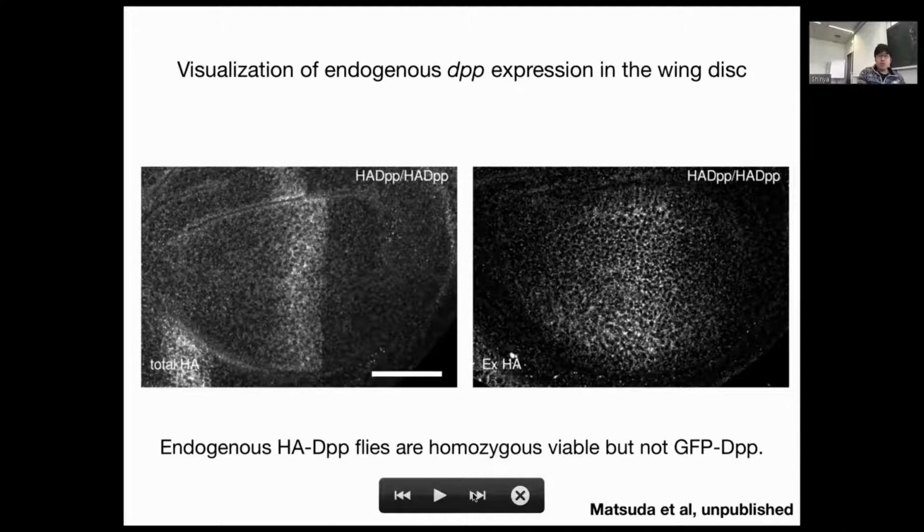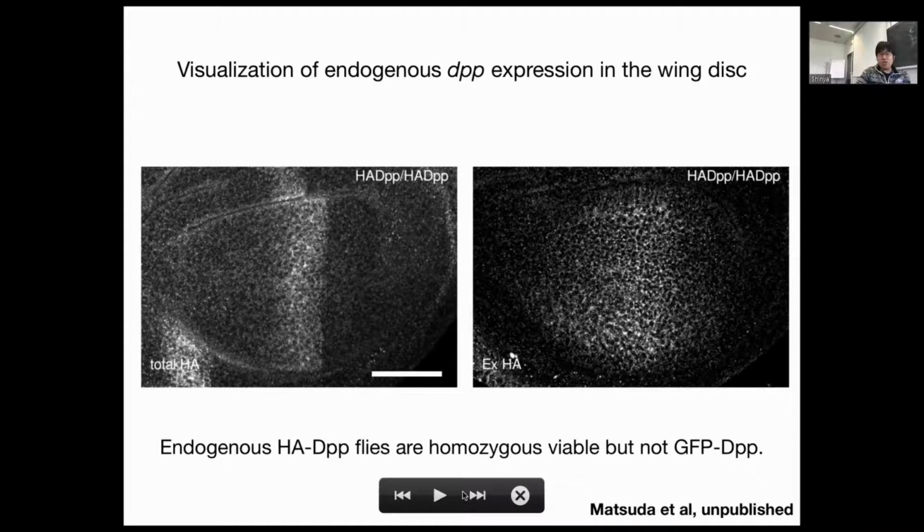As Mark said, I hope you still remember that the antibody against endogenous DPP is not so good. We don't know why, but now we have a small tag inserted in DPP, so we can use the commercially available HA antibody to visualize the endogenous gradient, which is very good.